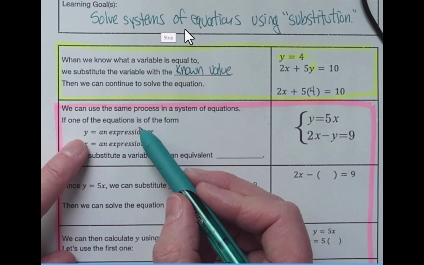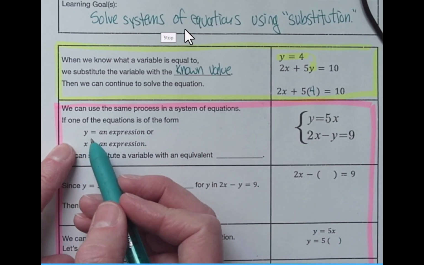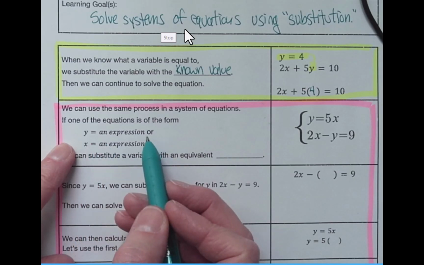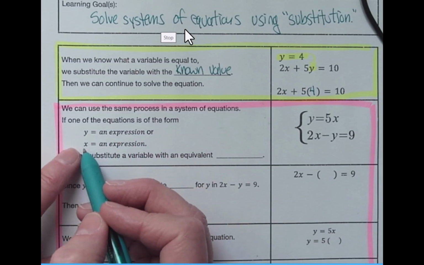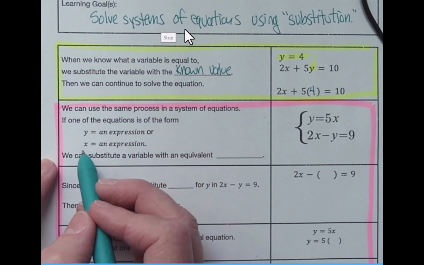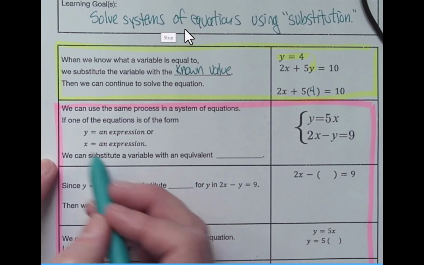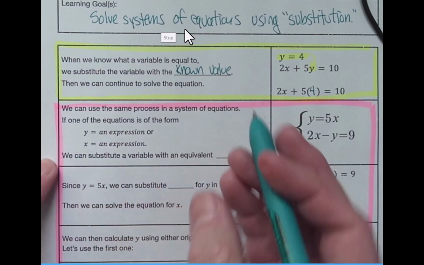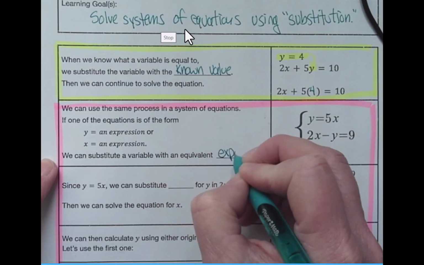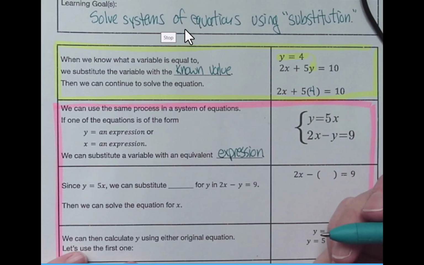If one of the equations is of the form y equals an expression, or even x equals some expression, if I know that y equals something or x equals something, then we can substitute that variable with an equivalent expression, just like we would do if we knew what the value was.